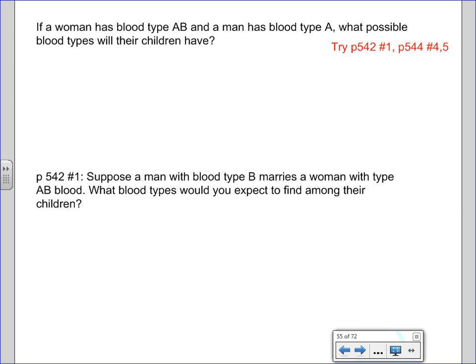All right, so the woman has blood type AB and the man has type A. So he could be AA or AO, right? So you'll have to look at the two possibilities. The man can give possibly an A and an A. Here's the man. The woman can give A and B. There's the woman.